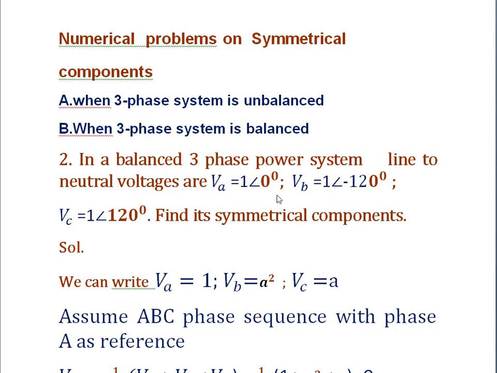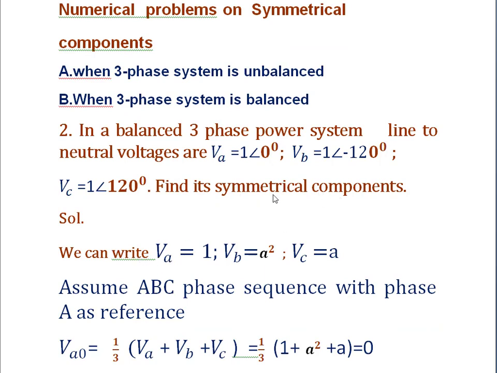If you look at this, the VA, VB, VC magnitudes are the same, which means it is a balanced system. Next, the phase angle between VA and VC is 120 degrees. Similarly, between VB and VC is 120 degrees.